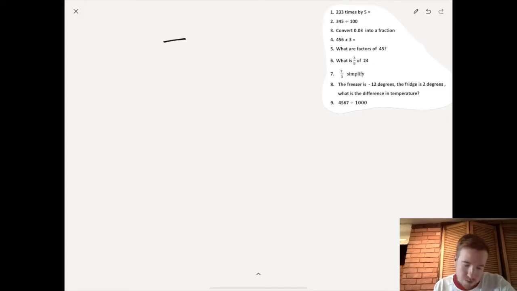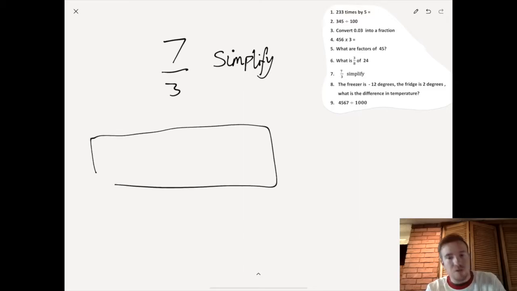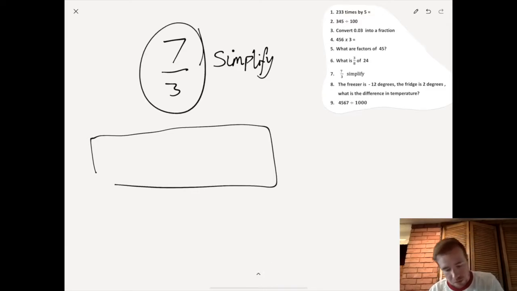7/3, simplify. Now in previous days I've drawn pictures to show you this one. If you're struggling, I would draw a bar, split it into 3, draw a couple of bars, and then colour in 7 pieces and see how many you've got. When it says simplify, it wants you to go from an improper fraction to a mixed number, which we'll do down here.